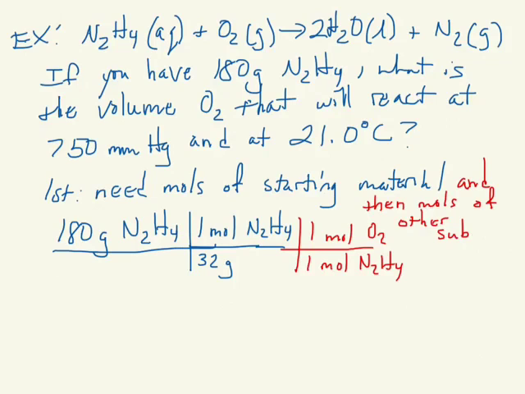Okay, sorry. Substance. Okay. So let's go ahead and solve for that. I'll put an equal sign down here, get some more room. And we solve, and we get something close to 5.6 moles of O2.